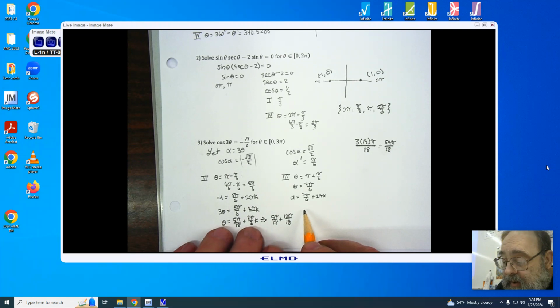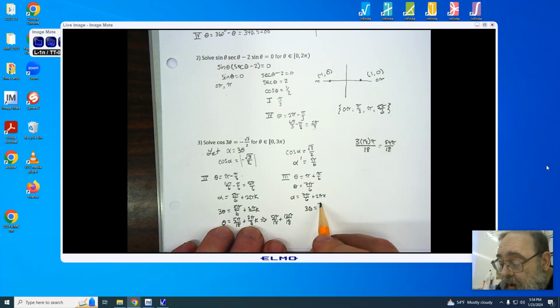Keep in mind that we would then do the same thing for the second alpha in the third quadrant. 3 theta has to equal 7 pi sixths plus 2 pi k, and so I would end up with theta equaling 7 pi 18ths, and I would once again add 12 pi 18ths times k.